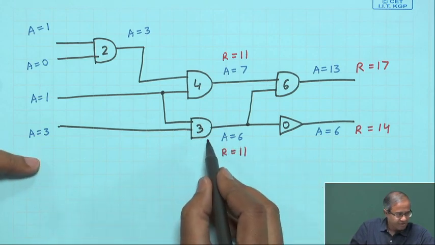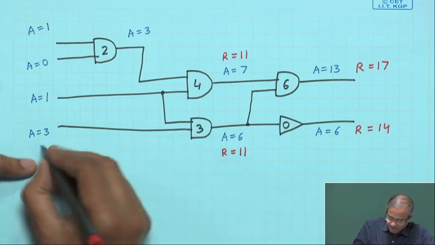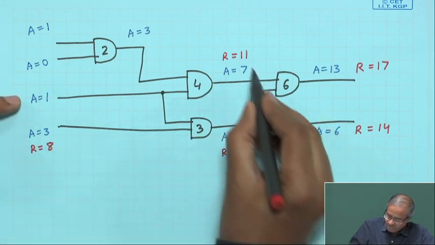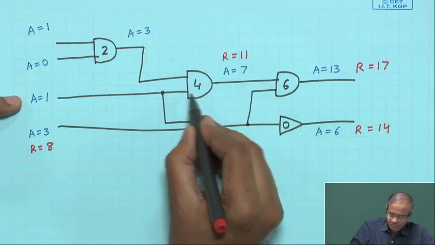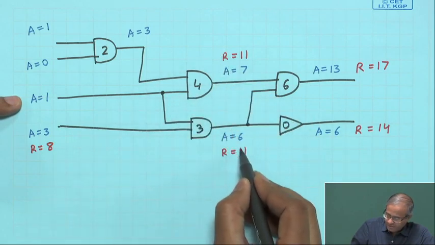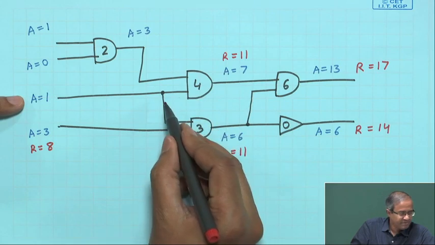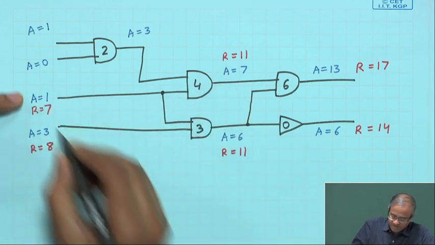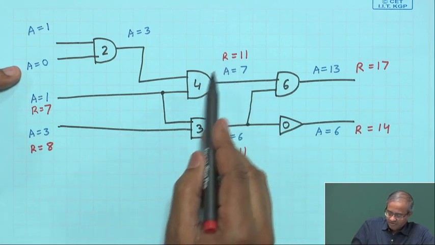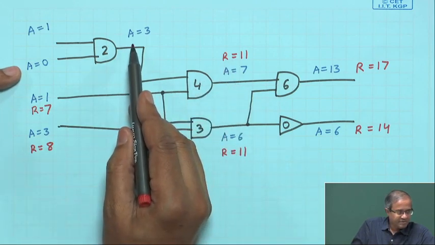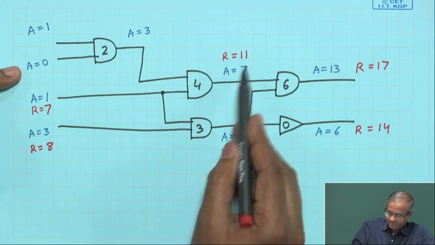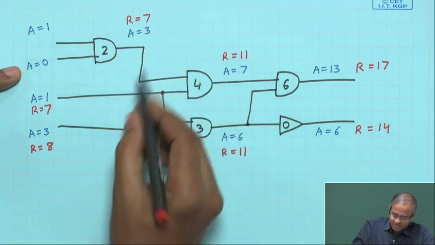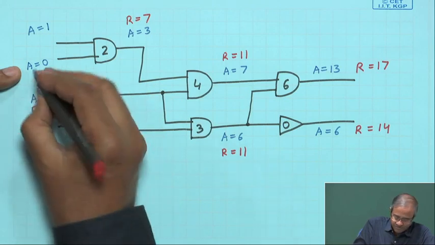So you come back here, 11 minus 3, it will be 8. Similarly 11 minus 4 or 11 minus 3, whichever is smaller, 7 is smaller, so it will be 7, and here R equal to 11, it comes here, so it will be 11 minus 4, 7, 7 minus 2, it will be 5.